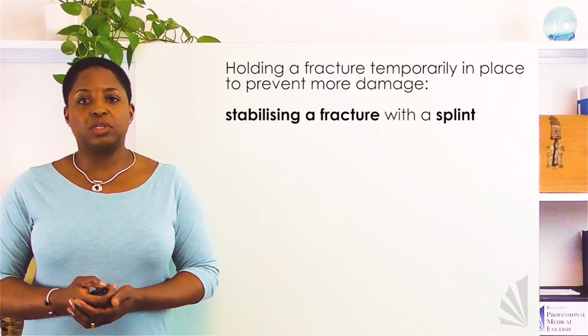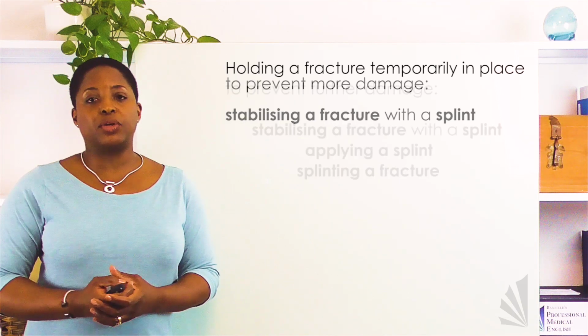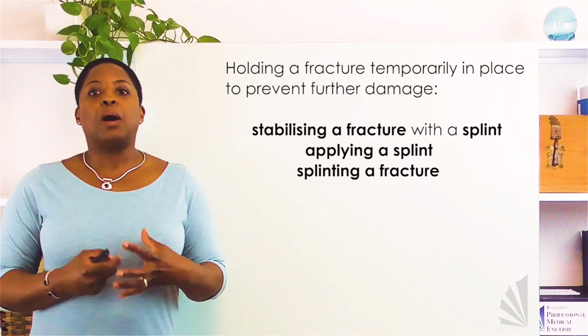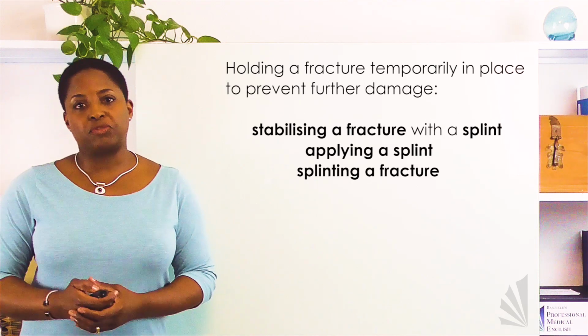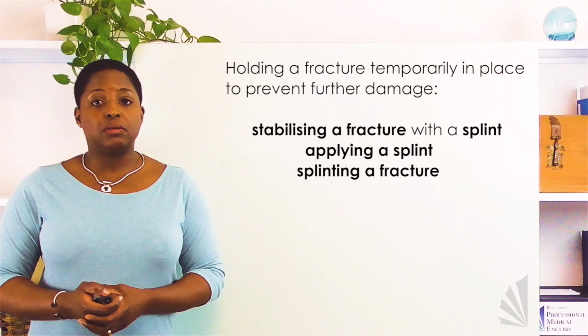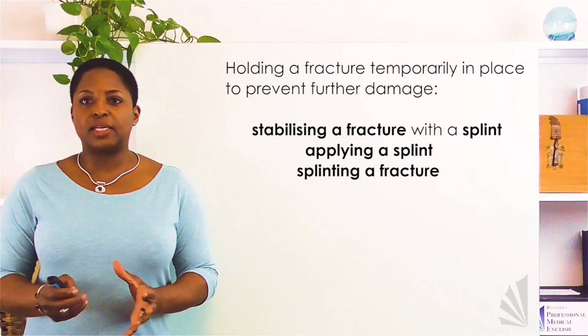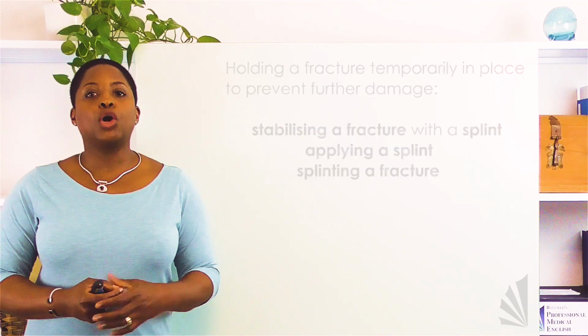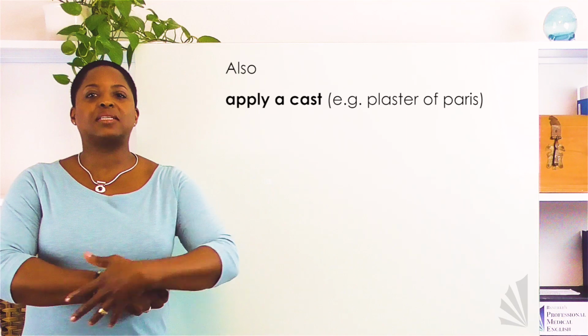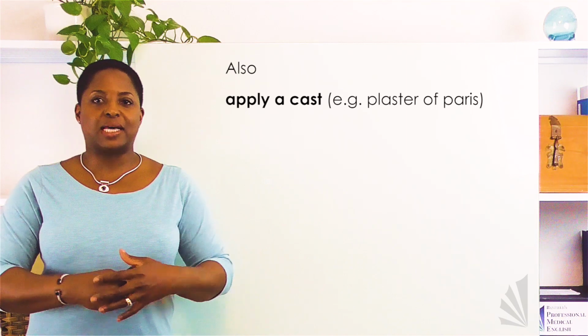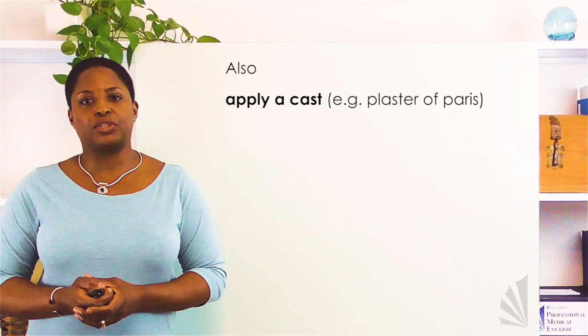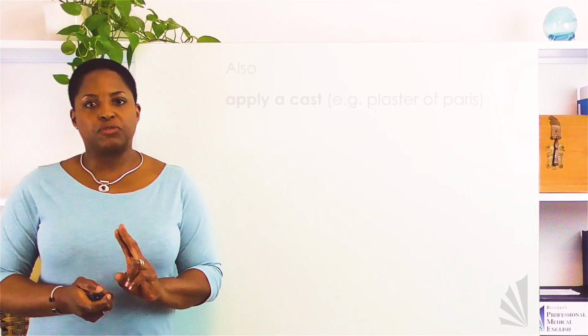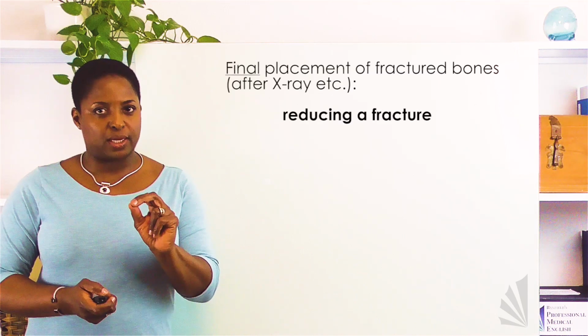Other natural sounding verbs in this scenario, so we talk about applying a splint to a fracture or simply splinting a fracture. That is also correct. Or you apply a plaster of Paris cast also to a fracture. Now note this is different from reducing a fracture.